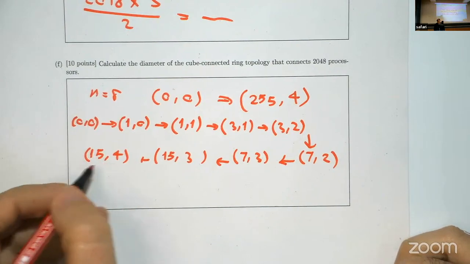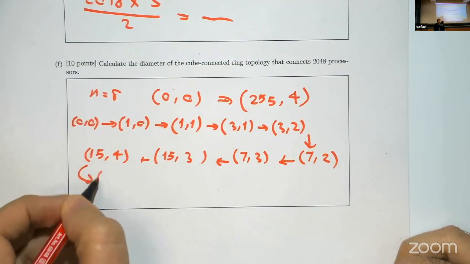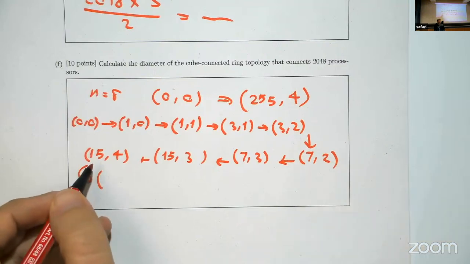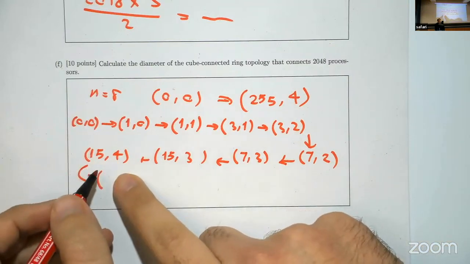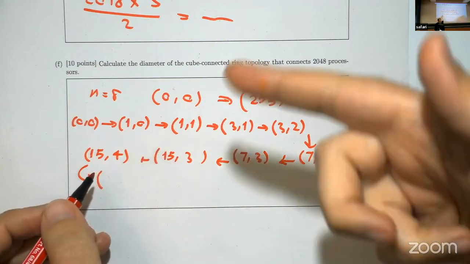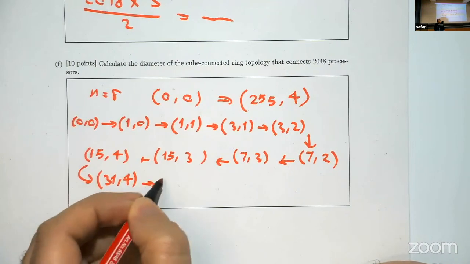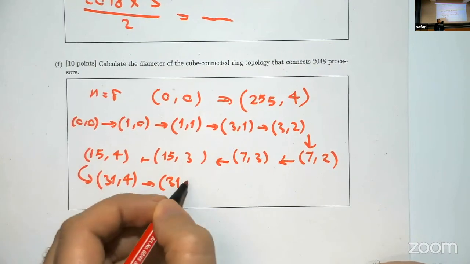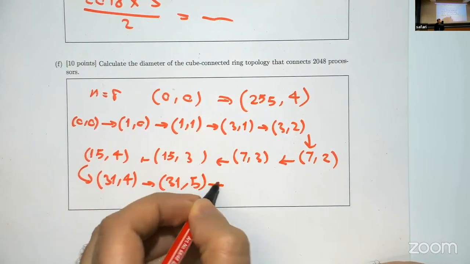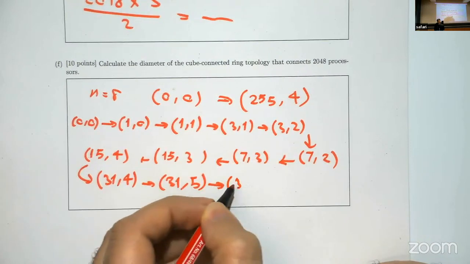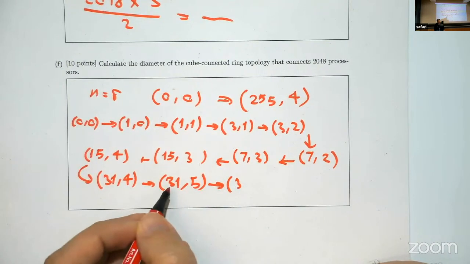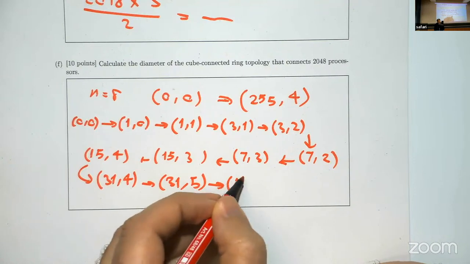Okay, so after this we will go another one in the hypercube, which is 15 plus 2 to the power 4, 16, 31. Then we go another one in the ring. Then we go another one in the hypercube, which is 63.